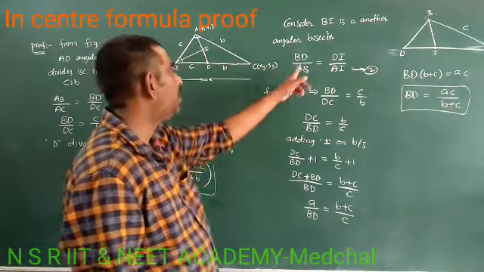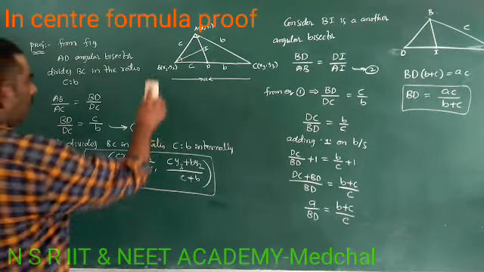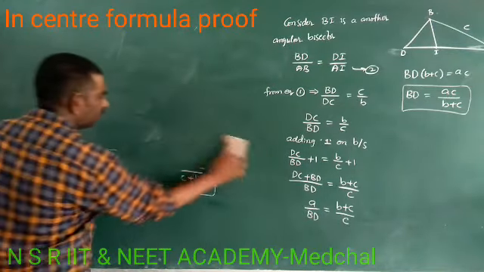Substitute the BD value in equation 2, and we get the ratio in which I divides the angular bisector AD.